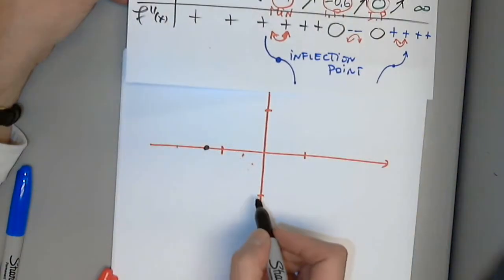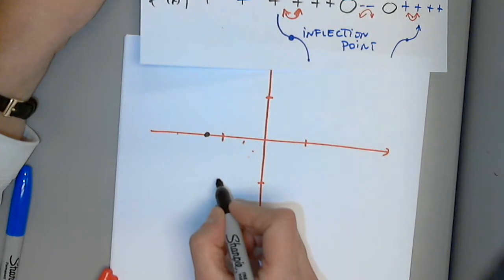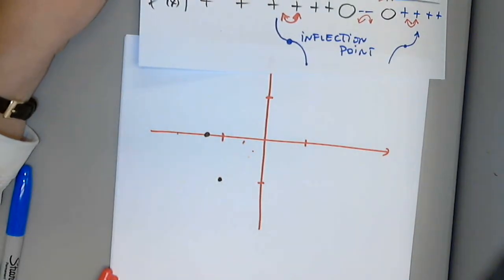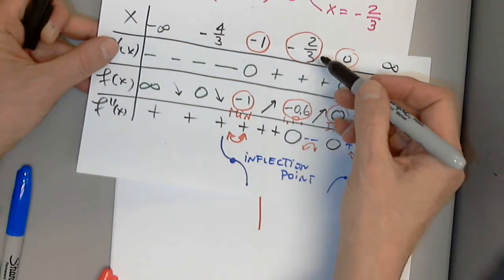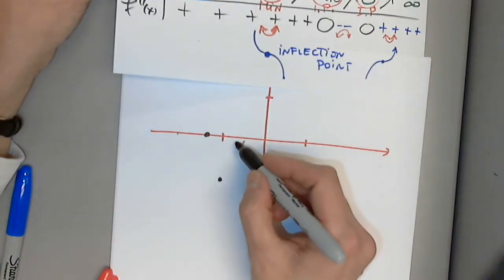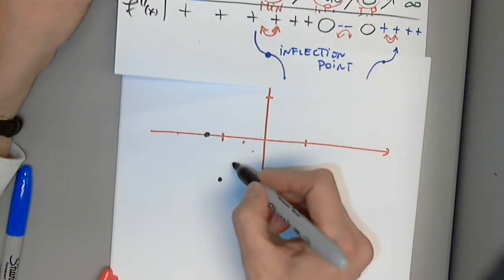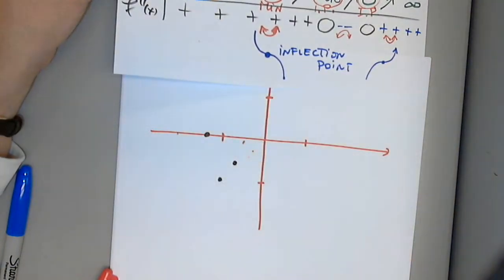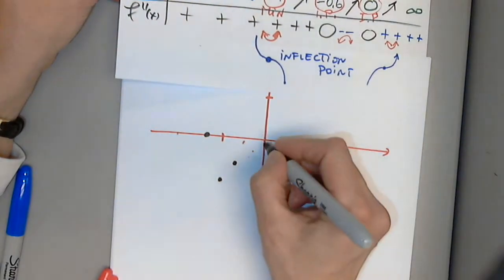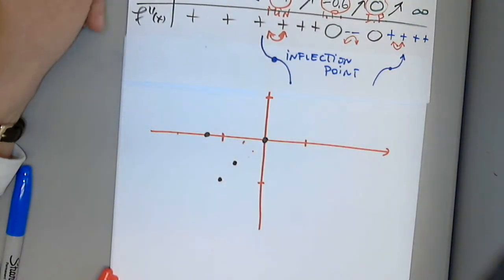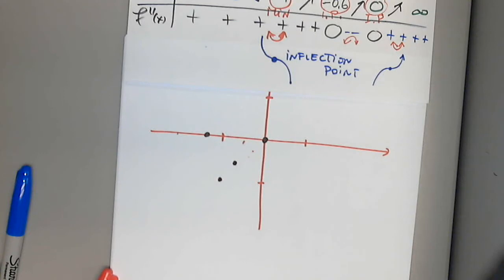Negative 1 is this point. Can you see? Then negative 2/3, negative 0.6. And 0, 0. Tell me when you are ready to follow this step by step with me.